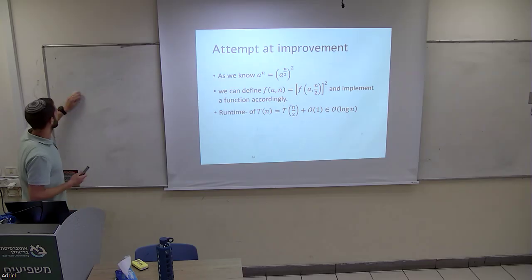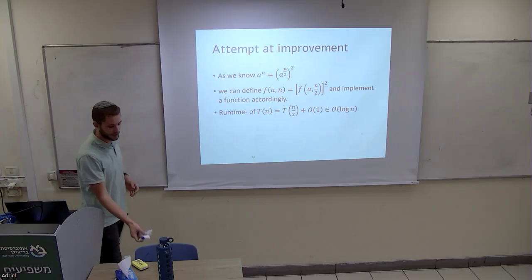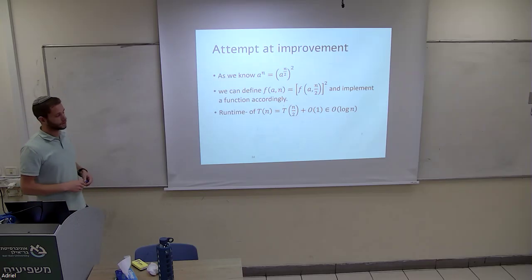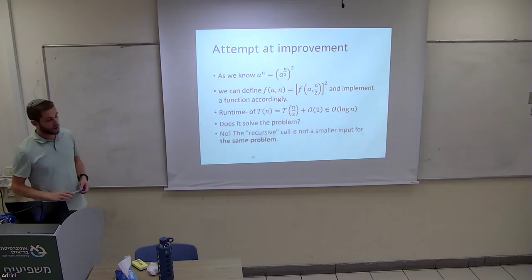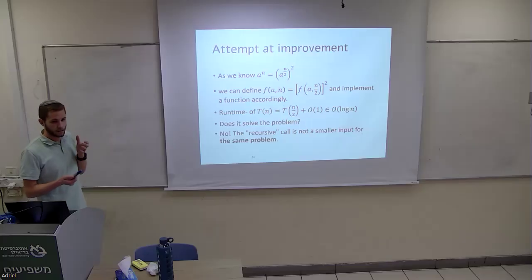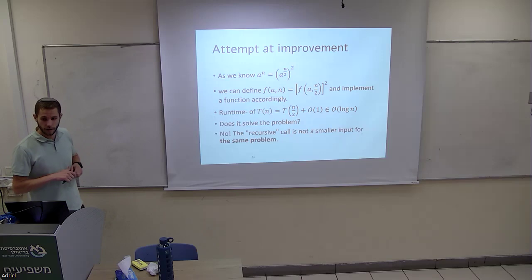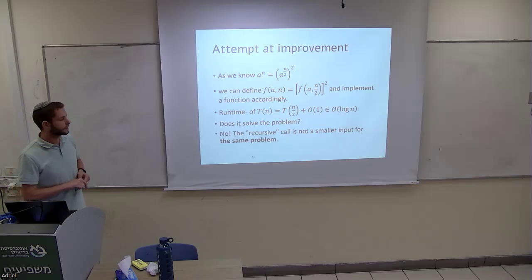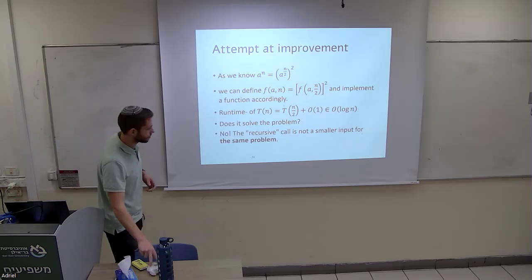Exactly. Our issue is it doesn't handle odds, right? Because we said n is a natural number, so our recursive call is not an input for the same problem. Because if n is odd, n divided by 2 is not an integer, it's a rational number.